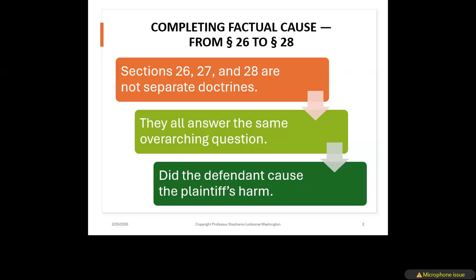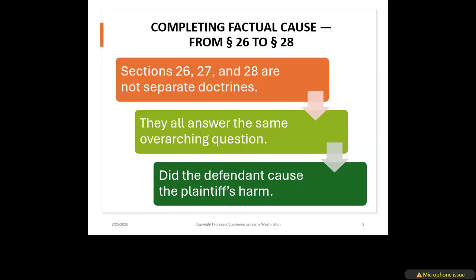Once we're complete with sections 26, 27, and 28, that is going to conclude our discussion of actual cause, and then we'll move into proximate cause, also known as legal cause, also referred to now as scope of liability. But before we move into proximate cause, we're going to review sections 26 and 27 of the Third Restatement of Torts, and we are going to be introduced to and apply section 28.